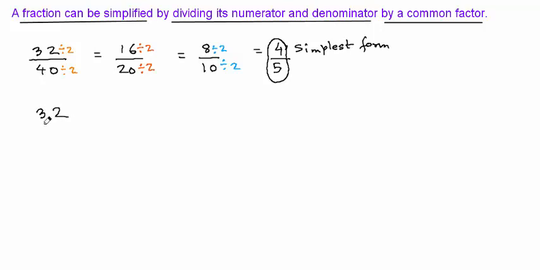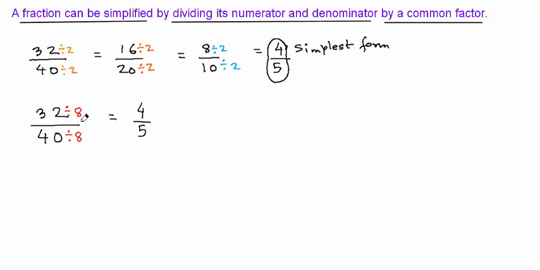Ideally, you want to divide the numerator and the denominator with their GCF, or the greatest common factor, in this case 8. 32 divided with 8 is 4 and 40 divided with 8 is 5. So you get to the simplest form in the smallest number of steps.